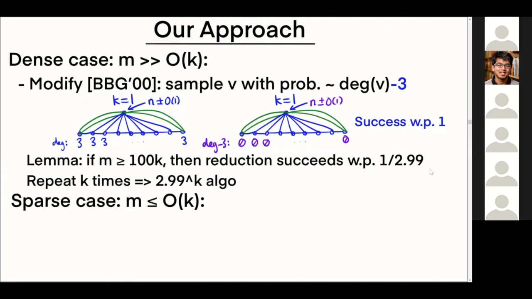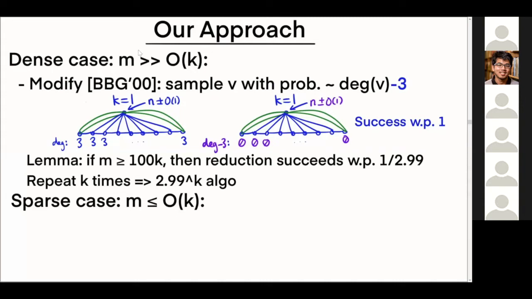Again, this can only happen k times, and our success probability becomes 1 over 2.99 to the k. And we can repeat this many times to get this algorithm succeeding with high probability. So again, the threshold we want to beat is strictly less than 1/3, so that we can get a faster than 3 to the k algorithm.